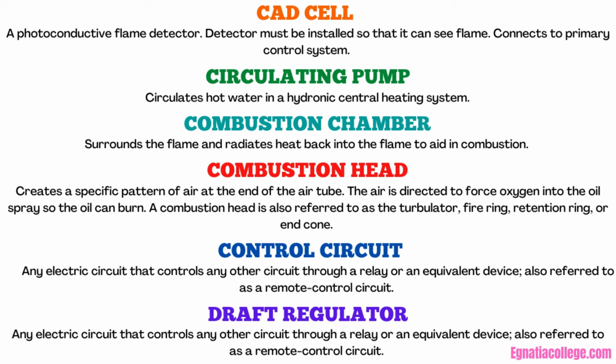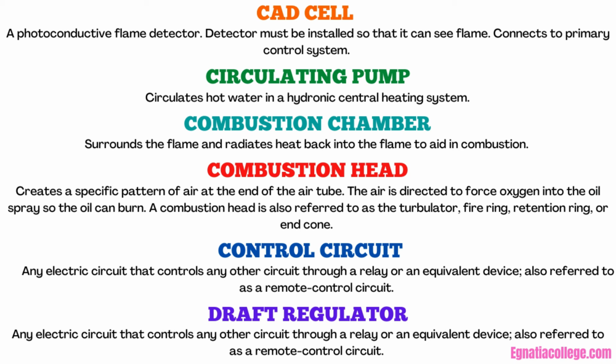Surrounds the flame and radiates heat back into the flame to aid in combustion. Combustion head. Creates a specific pattern of air at the end of the air tube. The air is directed to force oxygen into the oil spray so the oil can burn. A combustion head, also referred to as the turbulator, fire ring, retention ring, or end cone.